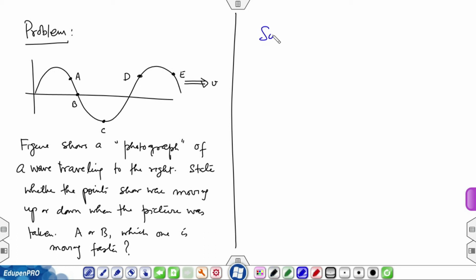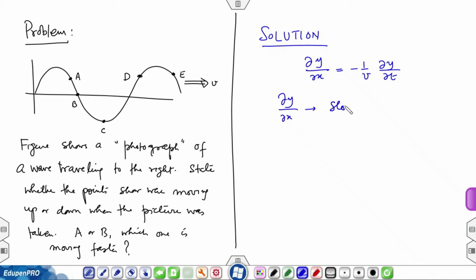So, in the solution, since the wave is traveling to the right, I can make use of dy/dx equals minus 1 over v dy/dt. So, dy/dx is the slope of the displacement, and dy/dt is the vertical speed v_y, not the wave speed, of a point.